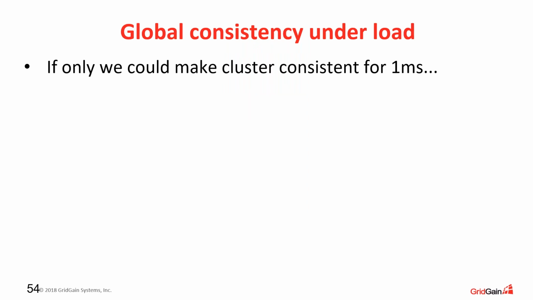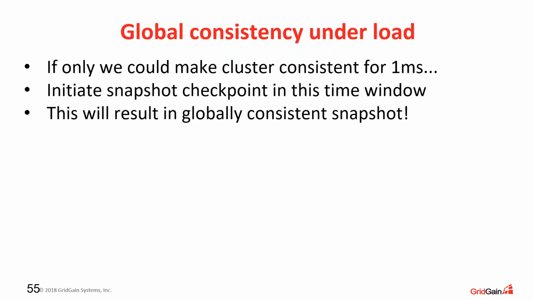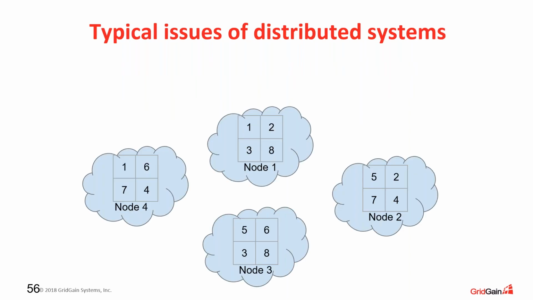If only we could make the cluster consistent for at least 1 millisecond. If that were possible, we'd just initiate a snapshot checkpoint in this time window, and the result would be a globally consistent snapshot. Sounds good, but making the cluster consistent for 1 millisecond is not so simple.